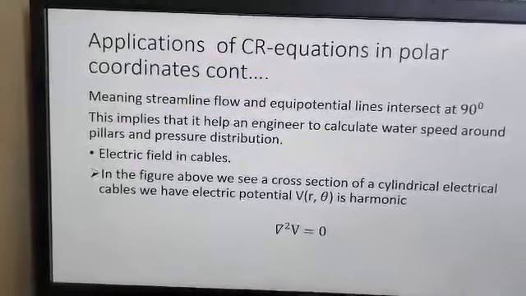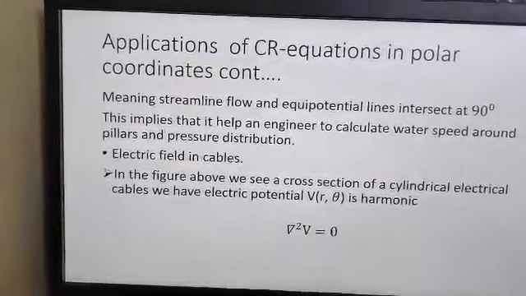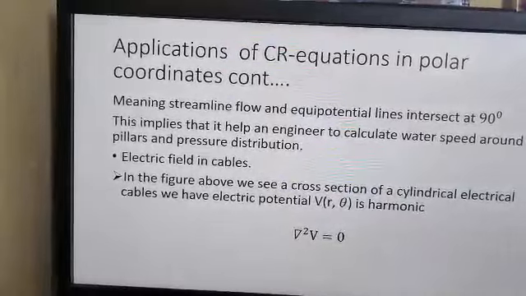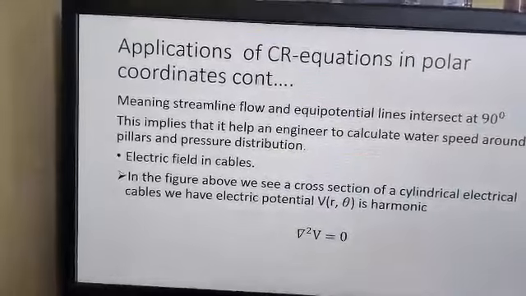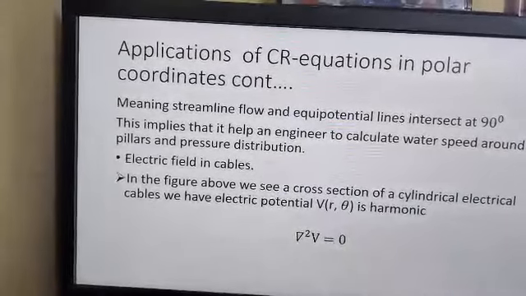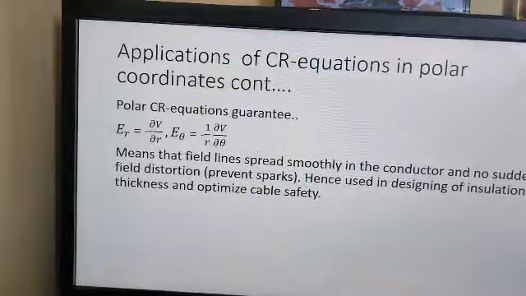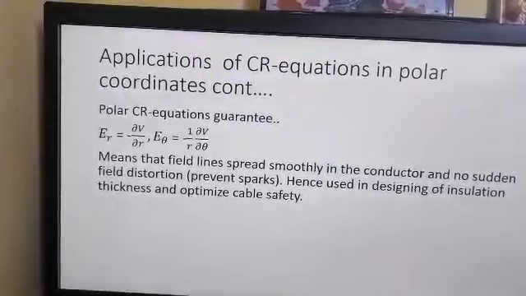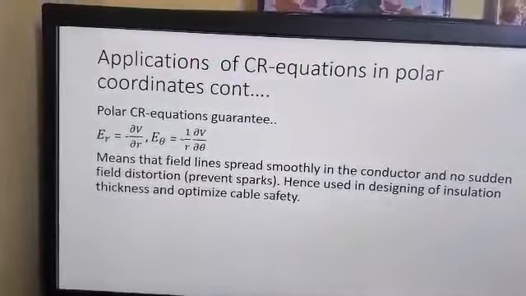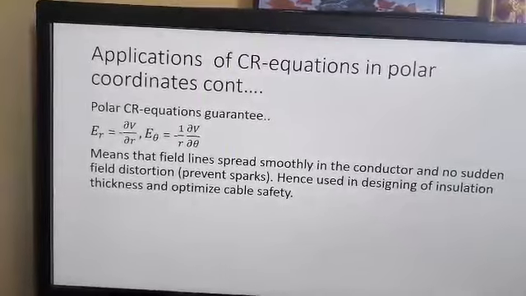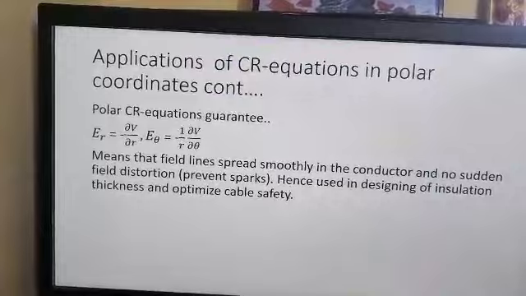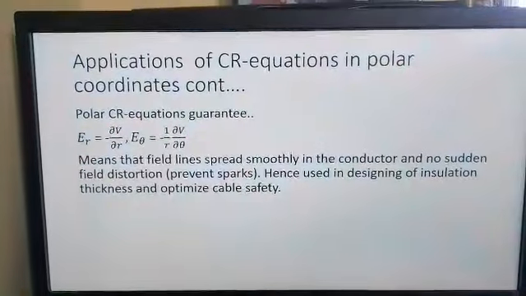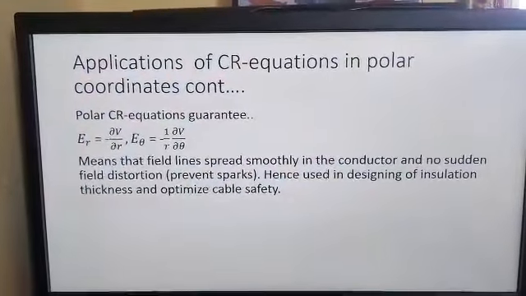Electric field in the cables. In the figure above, we see a cross section of a cylindrical electrical cable. The electrical potential V in brackets r comma theta is harmonic, whereby the Laplacian, nabla squared of V, equals 0. The polar Cauchy-Riemann equations guarantee that E_r equals negative partial of V with respect to r, and E_theta equals negative 1 over r times the partial of V with respect to theta, meaning that field lines flow smoothly in a conductor with no sudden field distortion.